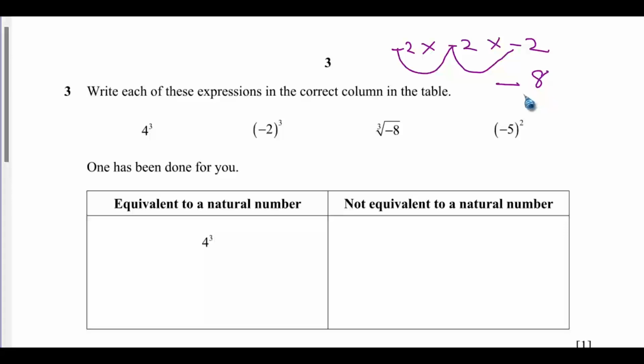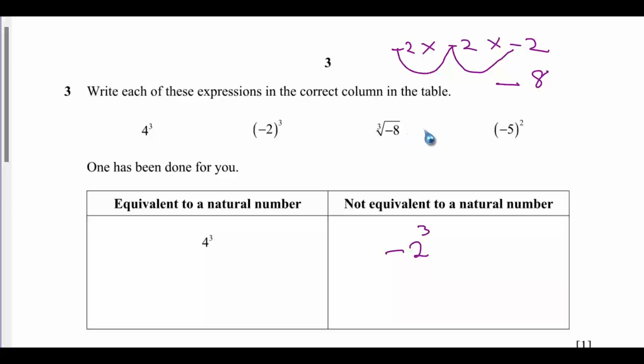As you already know, this is not a positive number. So we put negative 2 to the power of 3 here. It is not equivalent to a natural number. Natural numbers are the counting numbers. Here we have the cube root of negative 8.